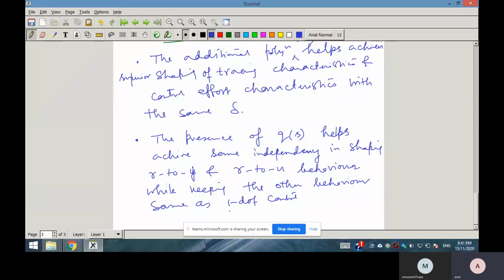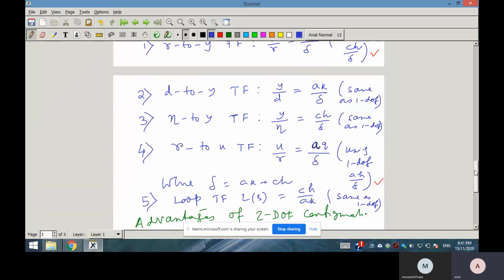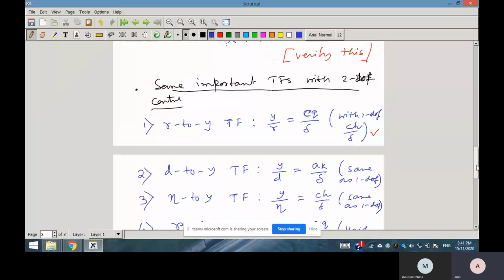Loop behavior means disturbance rejection is the same, but the reference input to output transfer function in case of 2 degree of freedom will be different from 1 degree of freedom.